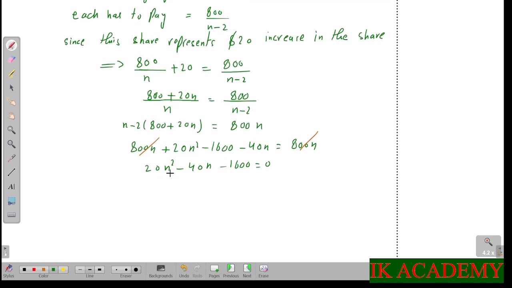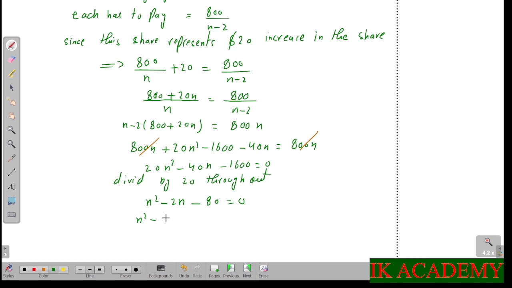I want to make the coefficient of n square in the simplest form. So if we divide throughout by 20, we can remove the coefficient of n square. Divide by 20 throughout, so it will be n square minus 2n, since 40 divided by 20 is 2n, and 1600 divided by 20 is 80, so minus 80 is equal to 0.